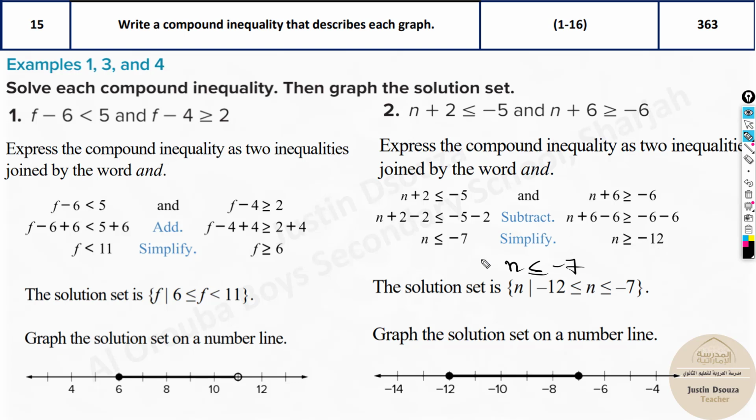And over here, n is greater than or equal to minus 12. That's it. Now see, within this range only. Minus 12 is a smaller number. Minus 7 is a bigger number than minus 12. So all the solutions are between those. So the possible answers are anything between these two: minus 12, minus 11, minus 10, minus 9, minus 8 and minus 7. Any value within that. So this is how we do it.